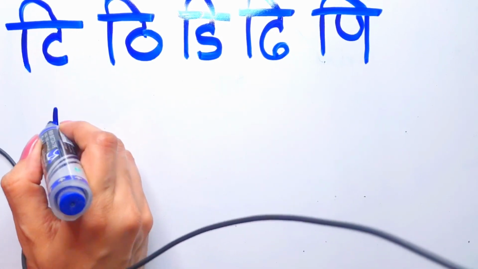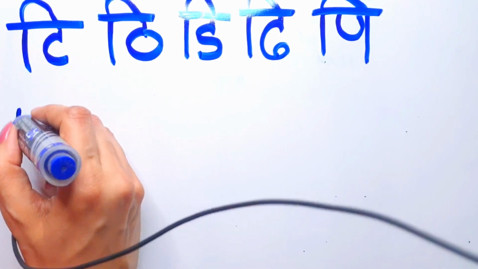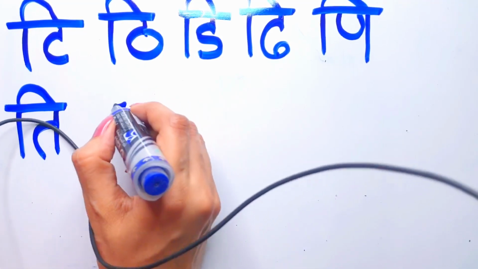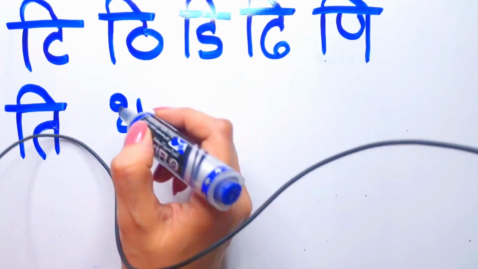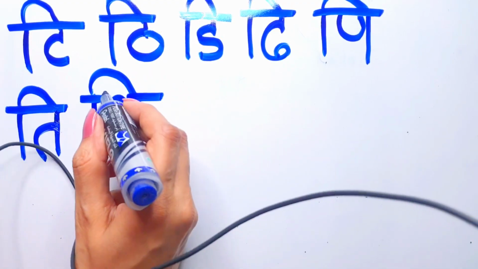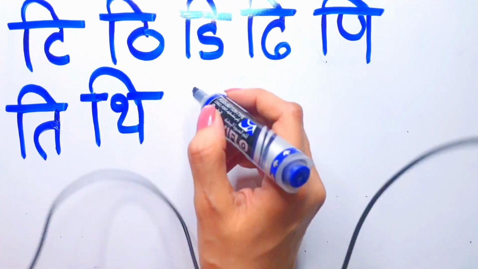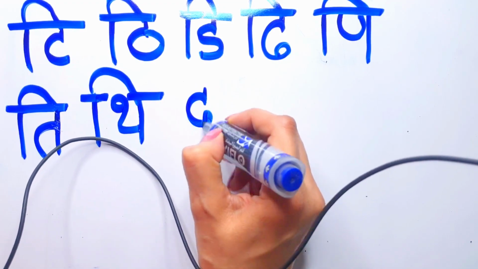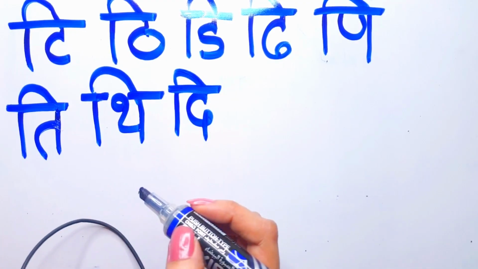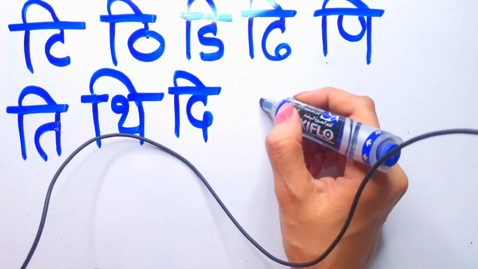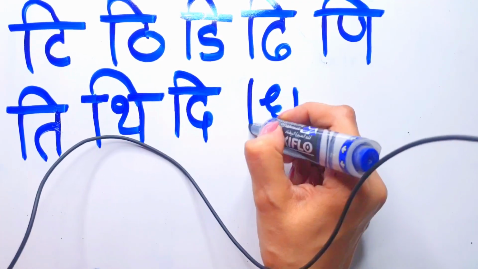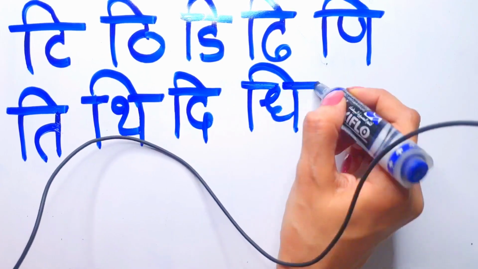Then ta, ti, tha, thi, da, di, dha, dhi.